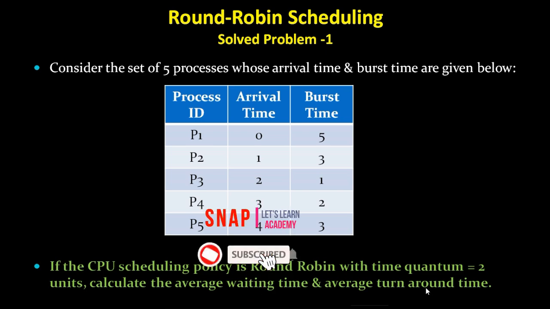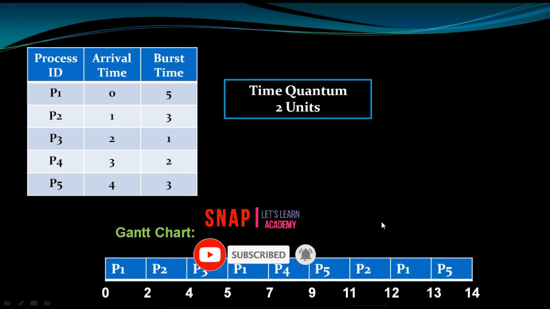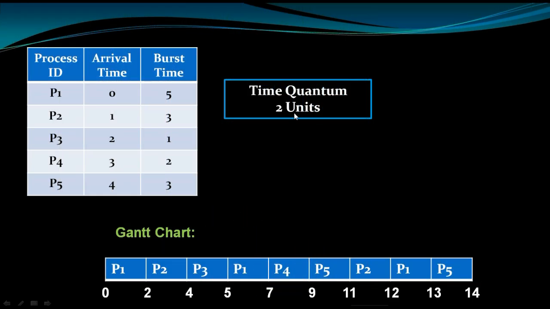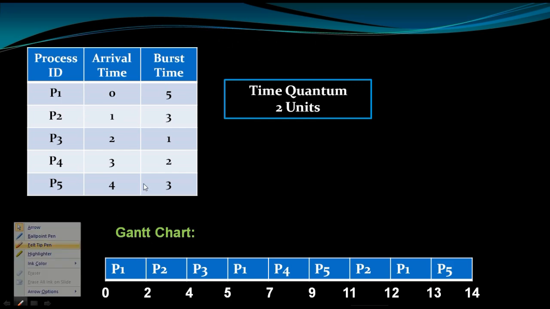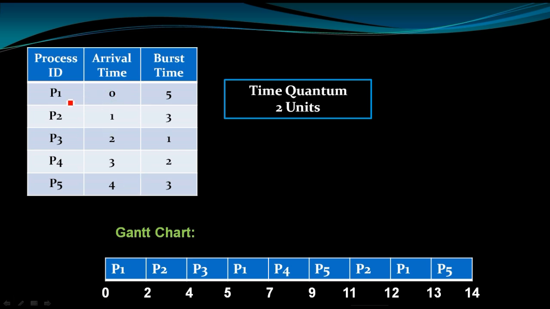Based on this table, we first have to prepare the Gantt chart, and the time quantum is 2 units, meaning 2 nanoseconds of time. Now let us prepare the Gantt chart for this example. The arrival time of P1 is 0 nanoseconds and its burst time is 5 nanoseconds, so three time quantums are required by P1.